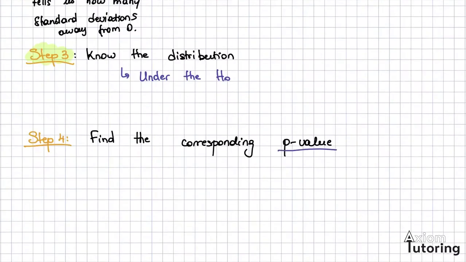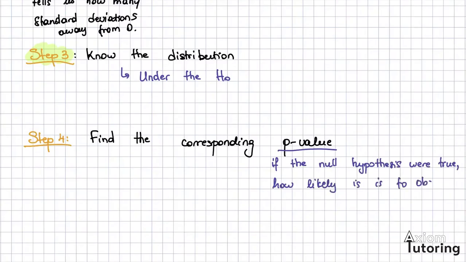In this context, for the hypothesis testing, the p-value is answering the question: if the null hypothesis were true, how likely is it to observe a statistic at least as extreme as this one?